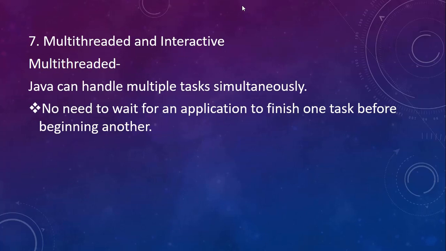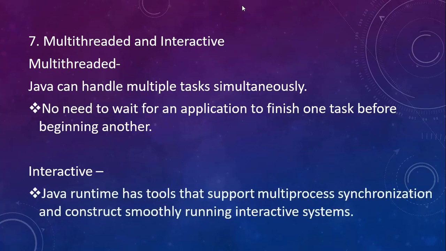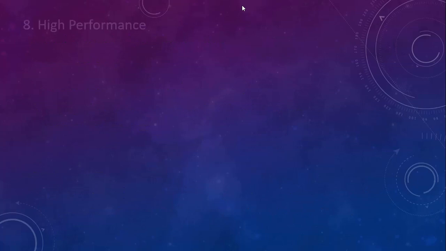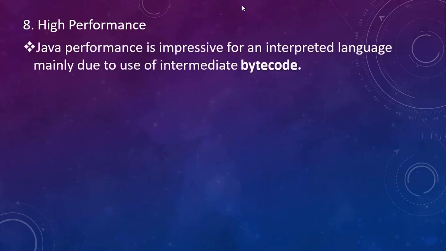Different threads will run in parallel to execute a particular code. Java is interactive: the Java runtime has tools that support multi-process synchronization and construct smoothly running interactive systems. Java has high performance.